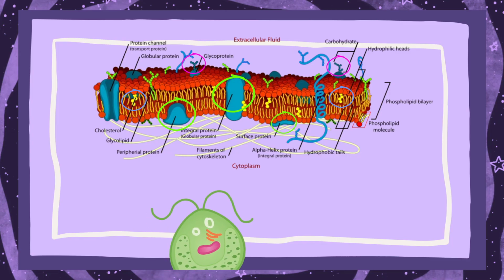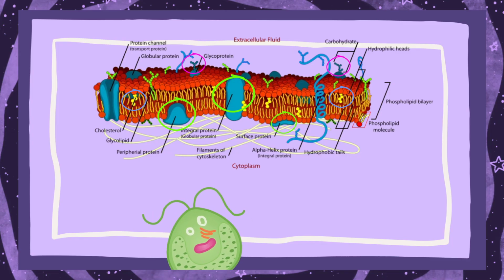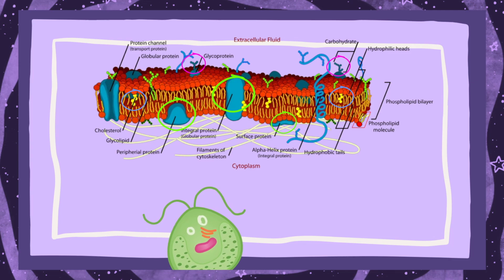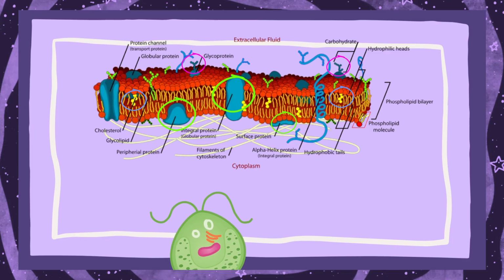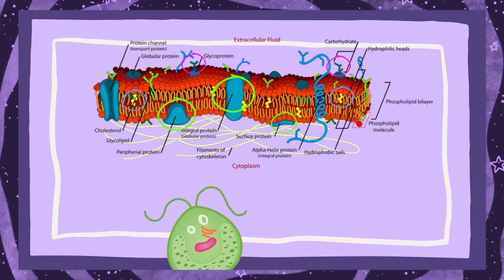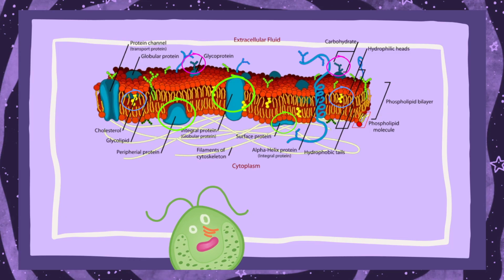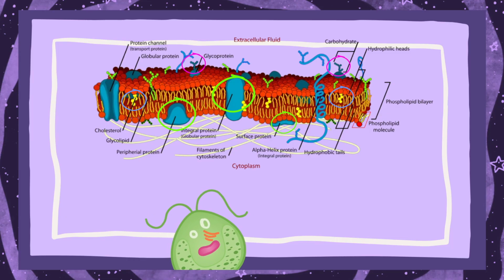Cholesterol helps maintain membrane stability by preventing it from becoming too rigid in cold conditions or too fluid in warm conditions. Carbohydrates are often found on the outer surface of the membrane and are used for cell recognition, allowing cells to identify each other and communicate properly. Together, these features make the membrane both flexible and highly functional while still maintaining control over what passes through it.